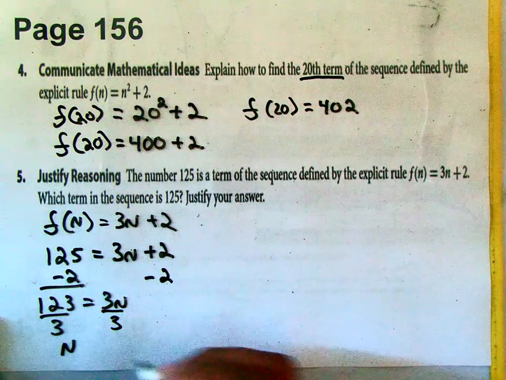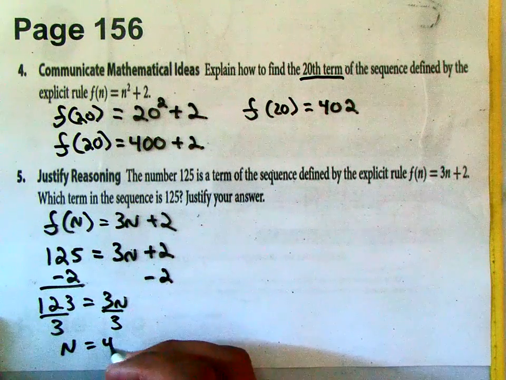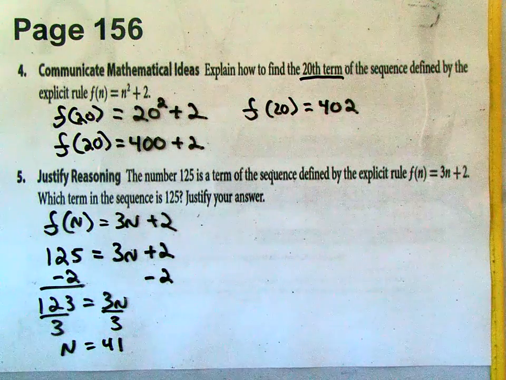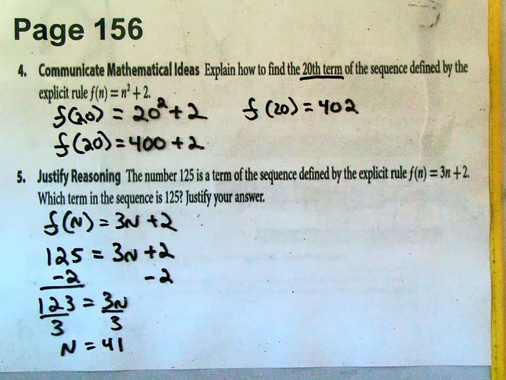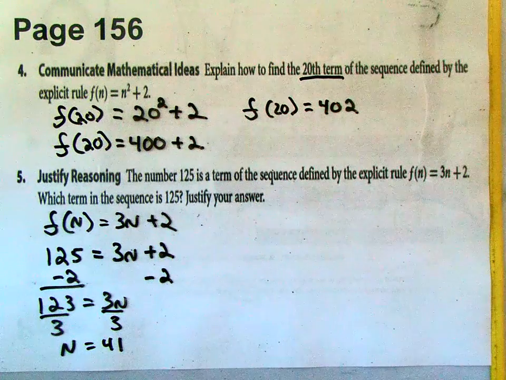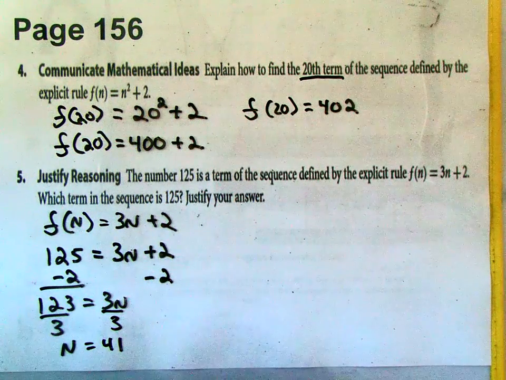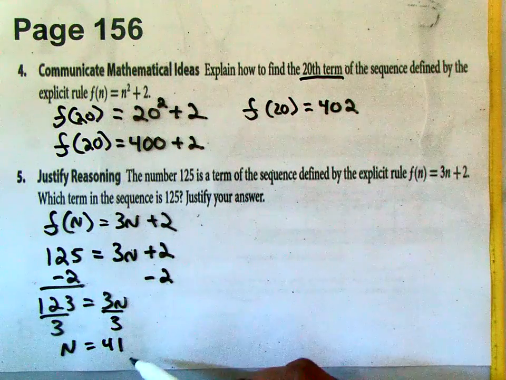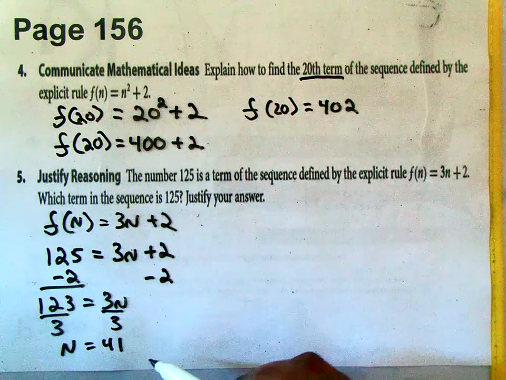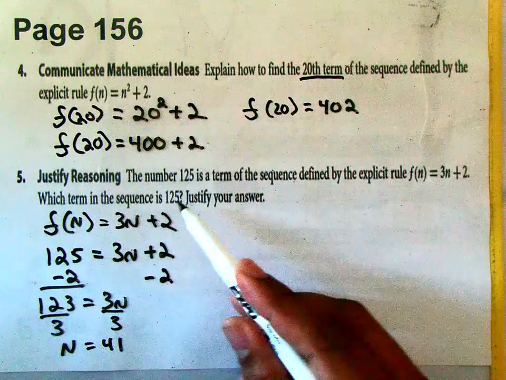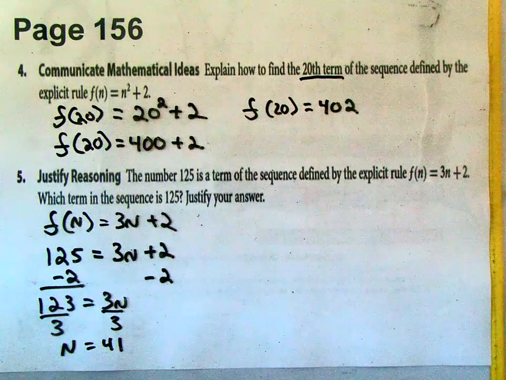And n is equal to 41. All right, so n is the term, or this 125 is the 41st term. So if you count 1, 2, 3, all the way up to 41, the number you would get would be 125.